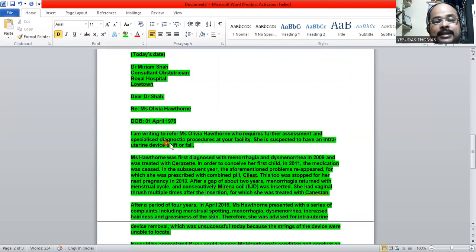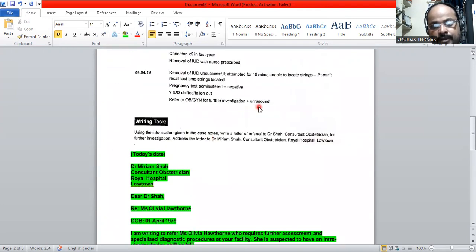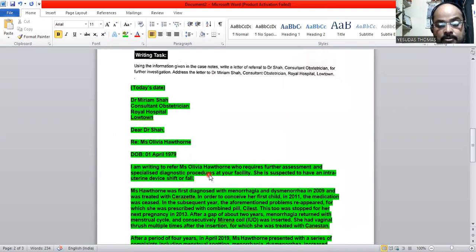And specialized diagnostic procedures. Here we are going to say something about ultrasound and something else. Specialized diagnostic procedures at your facilities. So you are an obstetrician, so you might have specialized diagnostic procedures there, and this should include ultrasound. Many students write ultrasound here. So I have kept it for the last, and that's why I have given specialized diagnostic procedures.